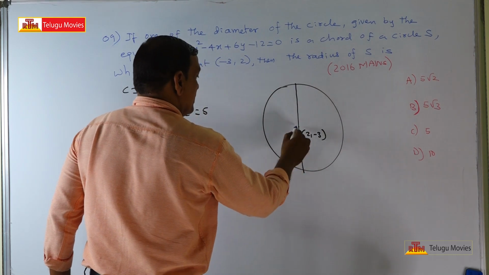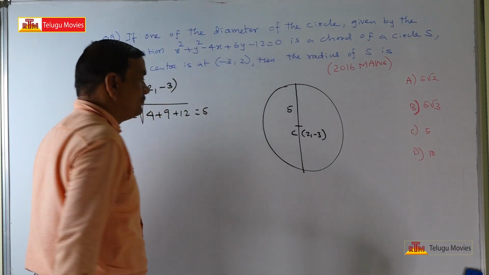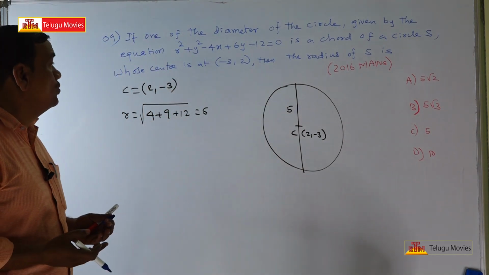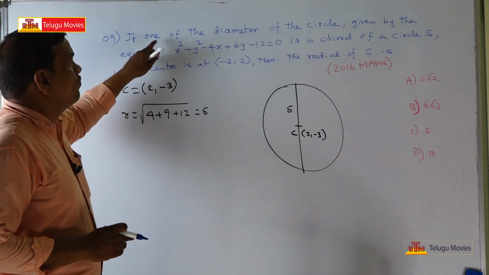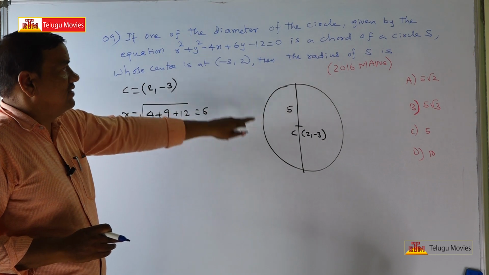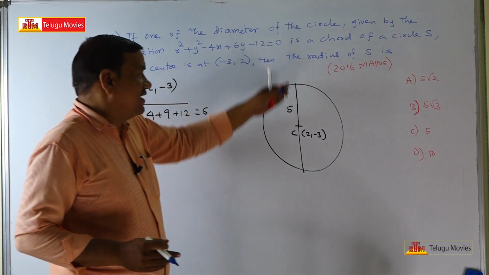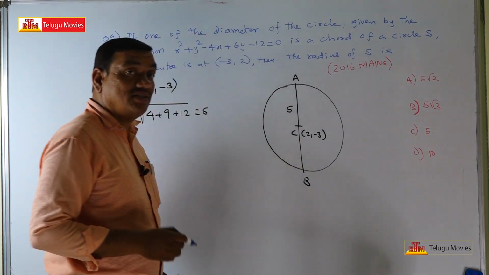Let us call it the center, radius is equal to 5, right. Now, there is another circle S whose center is at minus 3 comma 2, and it is saying that one of the diameters of this circle is a chord of the another circle.